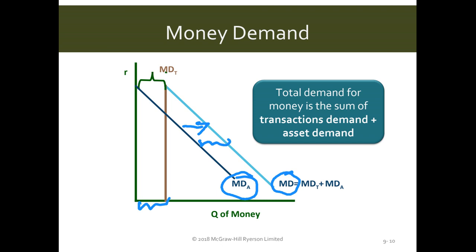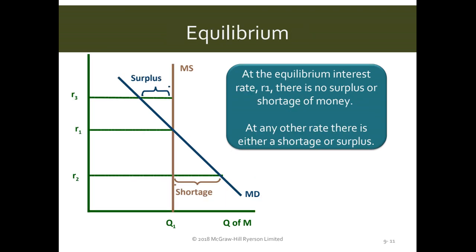Now, once I have drawn money supply and then total money demand by adding transactions demand for money and asset demand for money, I can draw both these two curves together like this. So I have drawn the money demand curve. You can see it's a downward sloping line. This demand curve includes both transactions and asset demand for money. And we have a vertical line, the money supply curve.